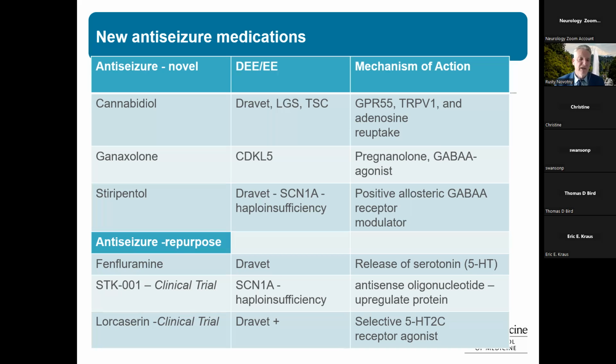And that's now in a clinical trial using some targeted therapies. And then another drug in clinical trial is lorcaserin, which is also a selective serotonergic target being used for Dravet syndrome, similar to fenfluramine.